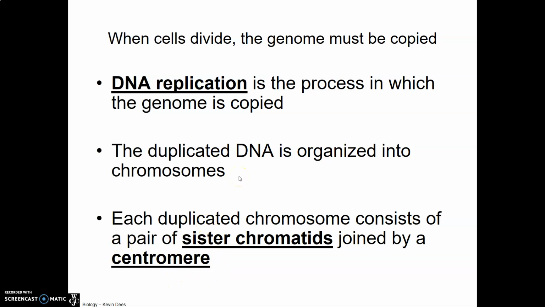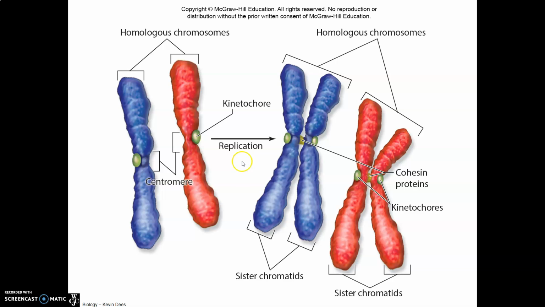And if we take a look at this in an artist's view, we see that here are a pair of homologous chromosomes. And recall that the homologous chromosome pairs, the diploid number, comes from one paternal and one maternal chromosome, contributions from father and mother, respectively.